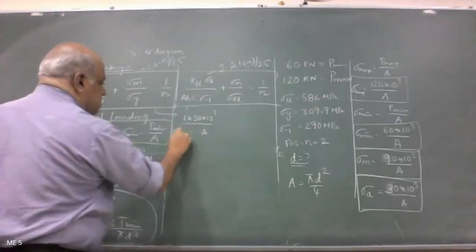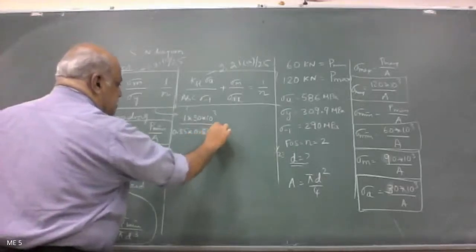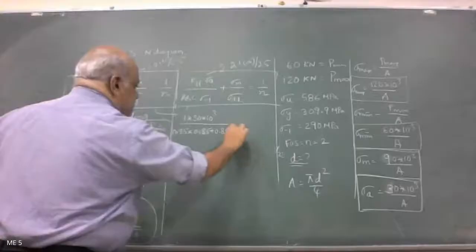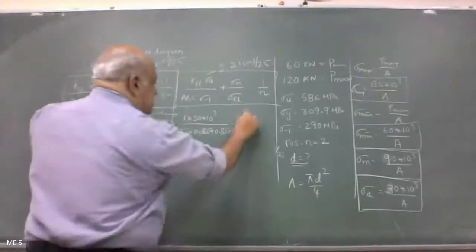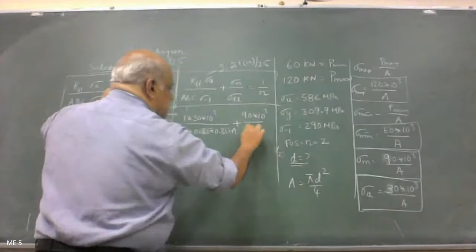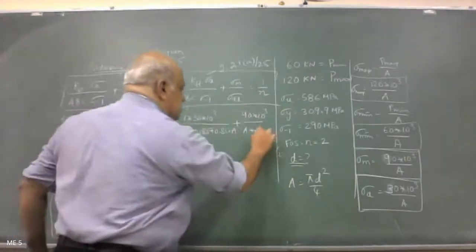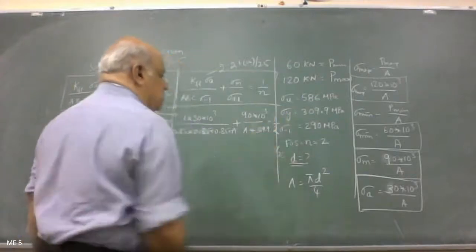So load factor is 0.85 into B is 0.85 into C is how much? 0.85 into area of cross section plus mean stress is how much? 90 into 10 power 3 divided by area of cross section into yield stress value here is 309.9 is equal to 1 by factor of safety.